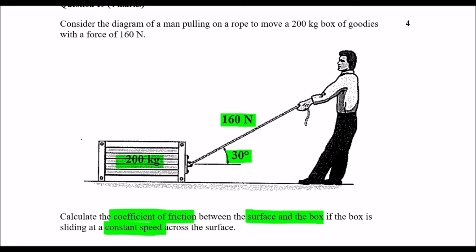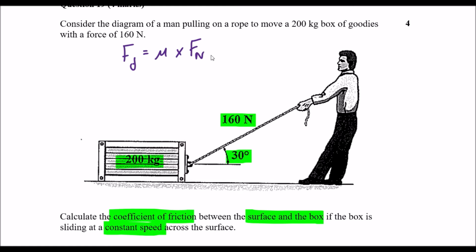So there's a few things to unpack here. Firstly, let's look at the relevant formula to calculate the coefficient of friction. We know that friction force is equal to the coefficient multiplied by the normal force.